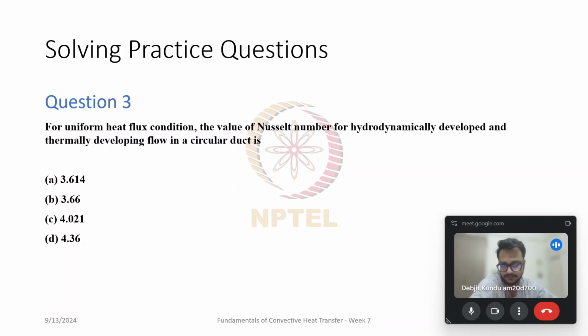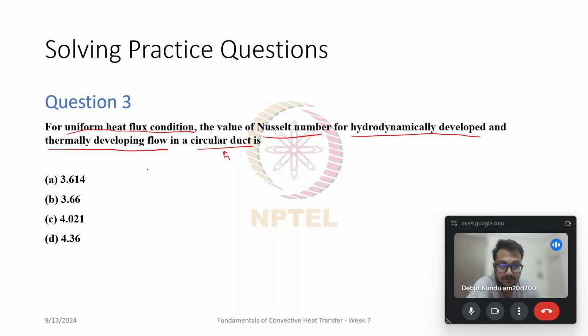Let's move on to question number 3 now, which is asking us that for uniform heat flux condition, the value of Nusselt number for hydrodynamically developed but thermally developing flow in a circular duct. So these are all important pieces of information.